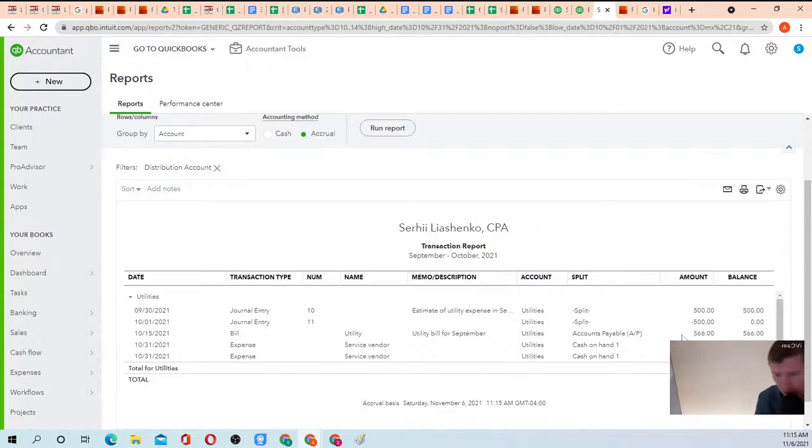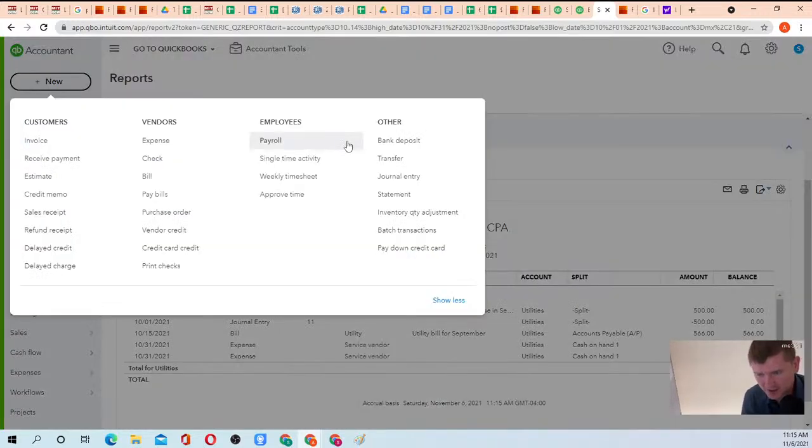Okay. We got a bill of 566 for September. Now we are on October 31st, and we need to make an estimate for October again. And let's assume our estimate, so it's getting colder and we spend more on utilities, is 800.